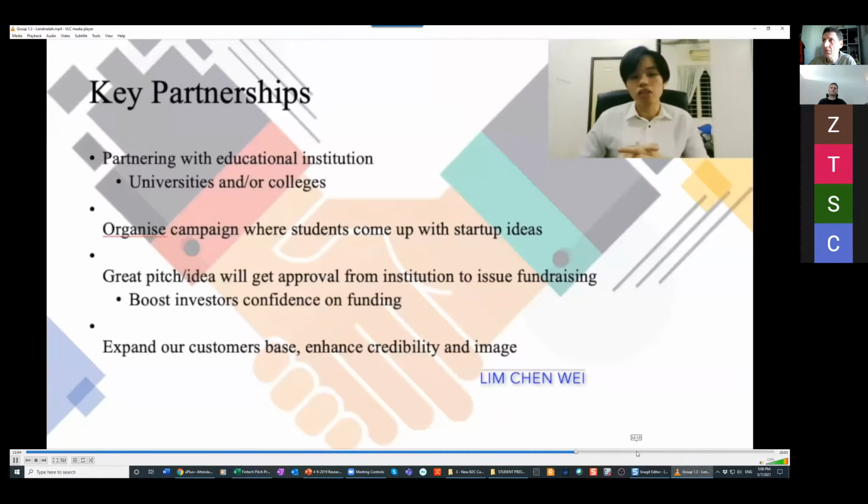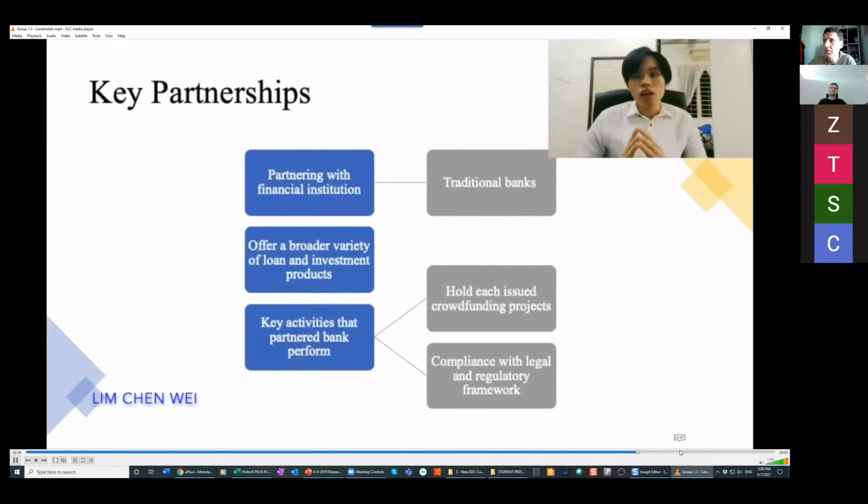So it will make sense to partner up with universities to organize competition and campaigns. So the winner of the competition with the best idea will get approval from one of the key activities that bank perform is they can hold the fund for each crowdfunding project. Besides, they can also help ensure our.